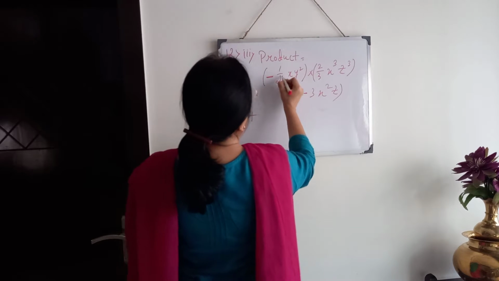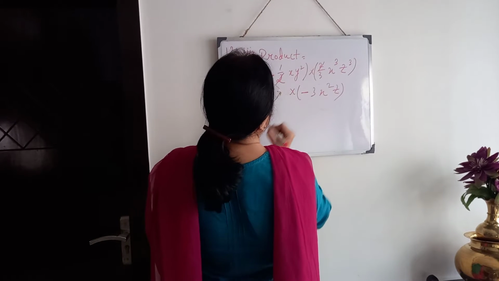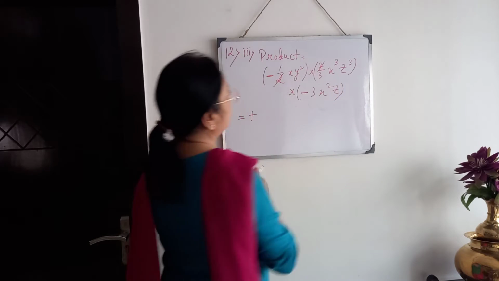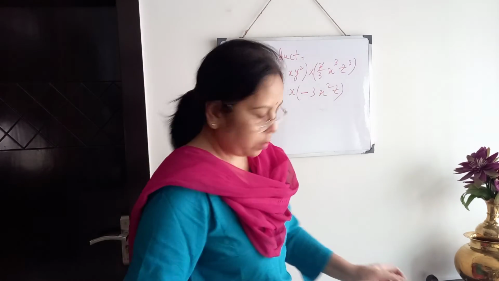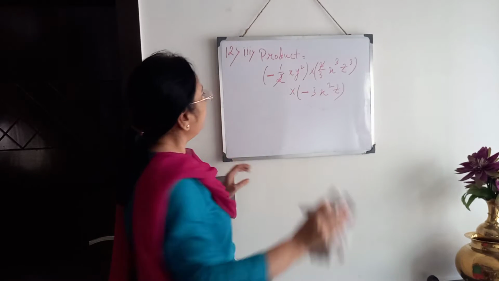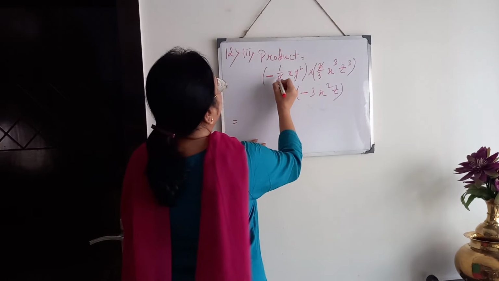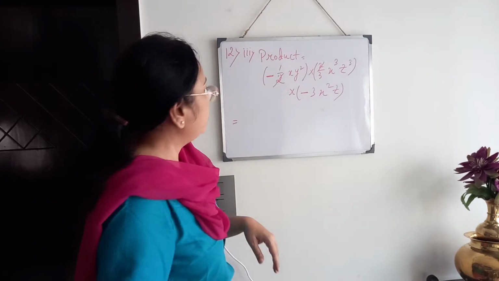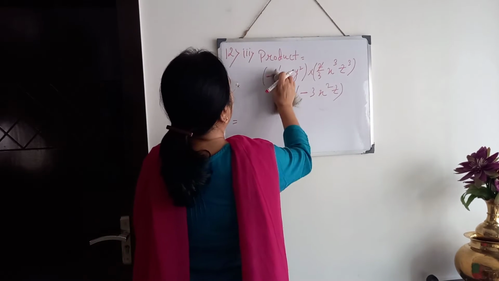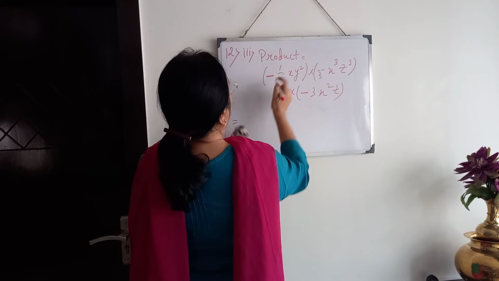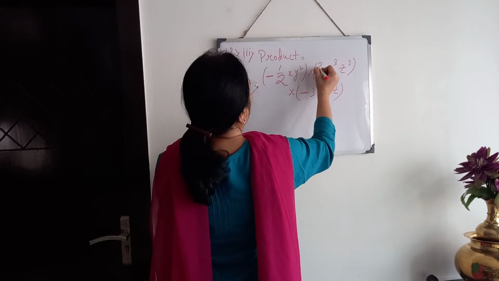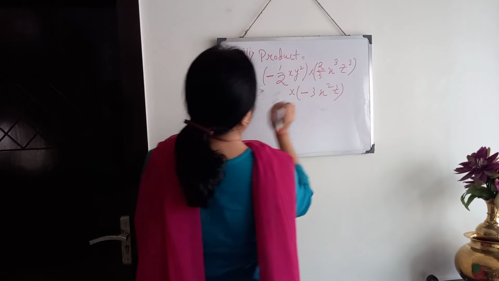Now there is half and 2/3. You cancel it. Okay, this may be a problem for you, so I am writing in this way. In this step I am not cancelling. Minus half, there is 2 by 3, and minus minus plus.